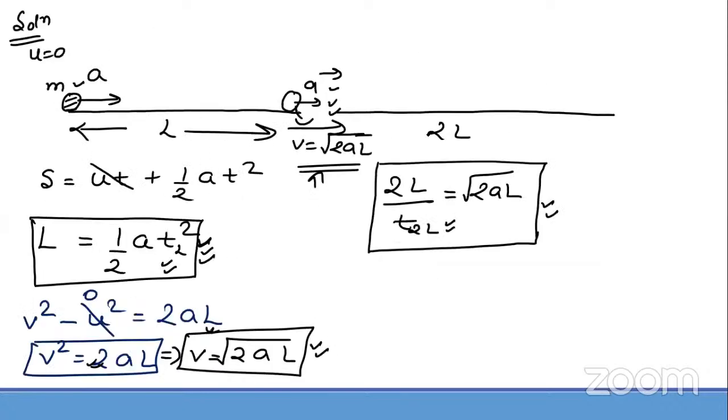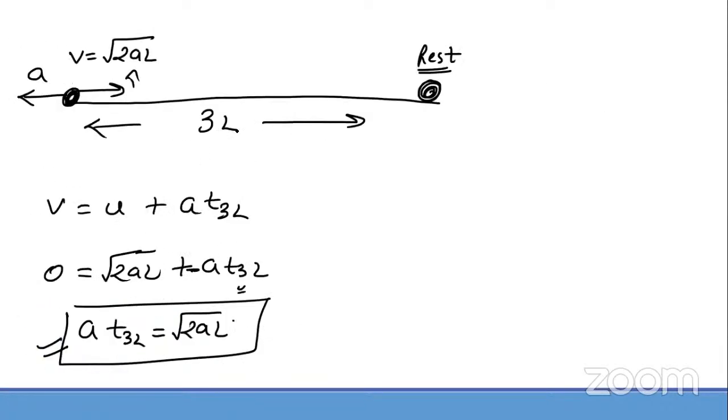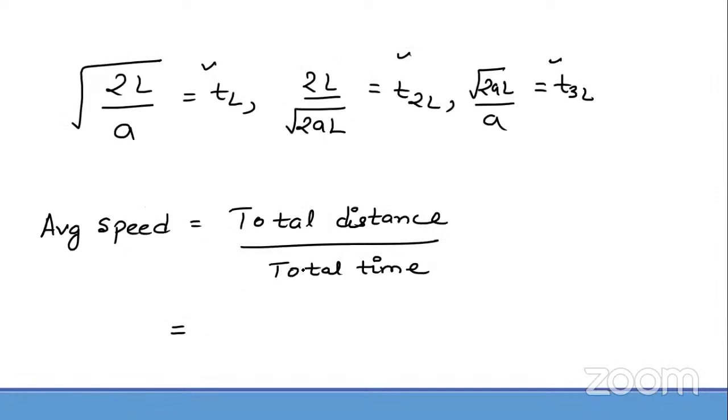It's very easy. L plus 2L plus 3L. 3 plus 2, 5 plus 1, 6L. So 6L is the distance. Total time is how much? Add these three times. TL, T2L, T3L. You know the description: time required for L distance, time required for 2L distance, time required for 3L distance. Okay. So add these times.